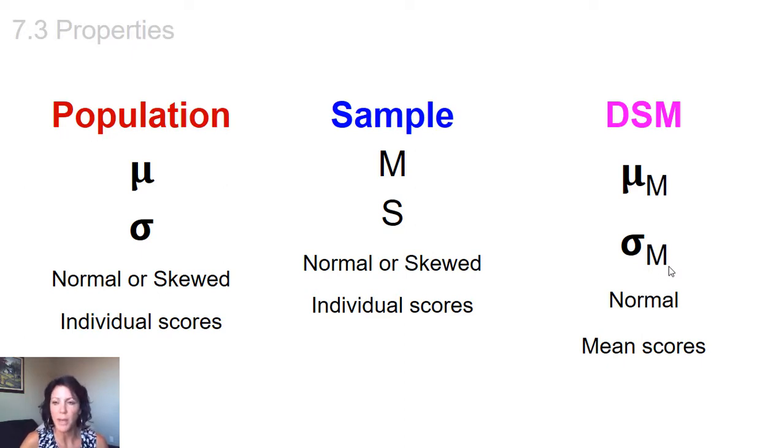So that's going to be the shorthand for it. So we talked about populations and samples could be normal or skewed, but the DSM is normally distributed. It is a normal symmetrical distribution. We talked about populations and samples talking about individual scores, but the DSM talks about mean scores. So we're talking about sample means, not individual scores. Hopefully that helps a little bit.